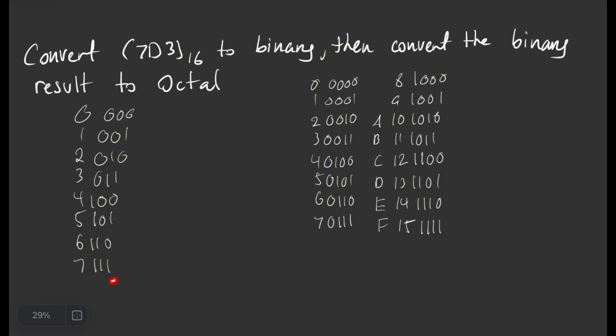This is why I recommend that you memorize the hexadecimal table as opposed to the octal table, because if you could write out this full table, you can do any conversion essentially.